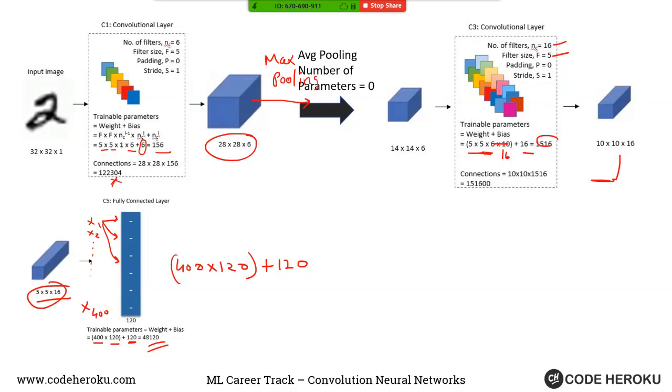But in the first fully connected layer itself, we have 48K parameters, which is huge. So in convolution layers we'll usually have fewer parameters, but in a fully connected layer you will obviously have a huge number of parameters. Does that make sense?